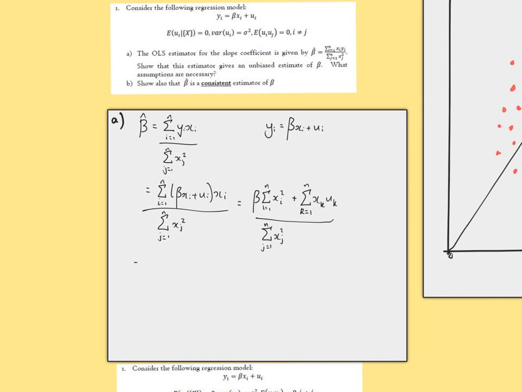So this is equal to beta times the sum of the x squared over the sum of the x squared, plus the sum of the x u's over the sum of the x squared.